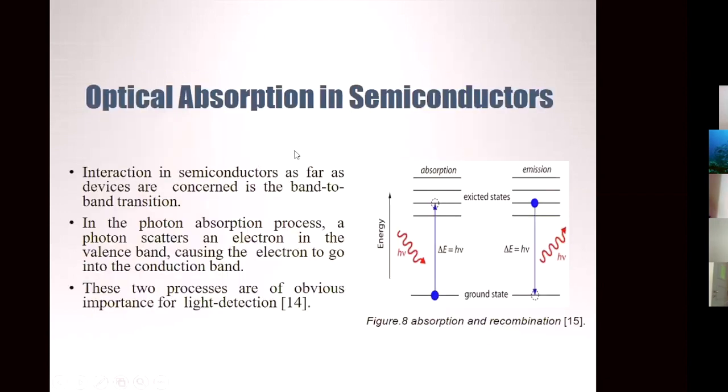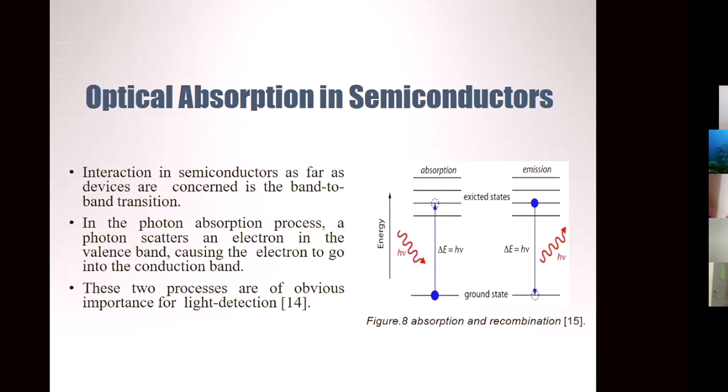Basically, in this technique, optical absorption occurs. Optical absorption we also learn in laser. The principle is almost similar. Here, as far as devices are concerned, interaction in semiconductors occurs in band-to-band transition, and in the photon absorption process, a photon scatters an electron in the valence band, causing the electron to go into the conduction band.